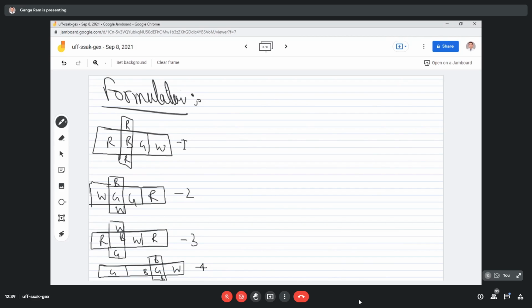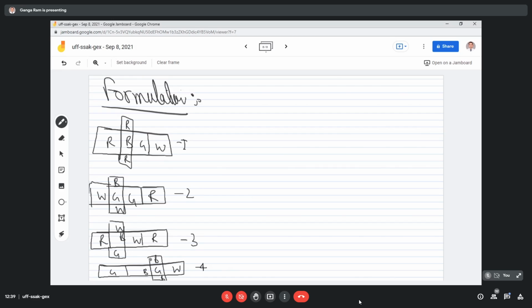In the first cube, there are 3 red and 3 different. In cube 2, there are 2 green and 2 white. In the third cube, there are 2 whites and 2 red, and in this case there are 2 blue faces and 2 green faces.